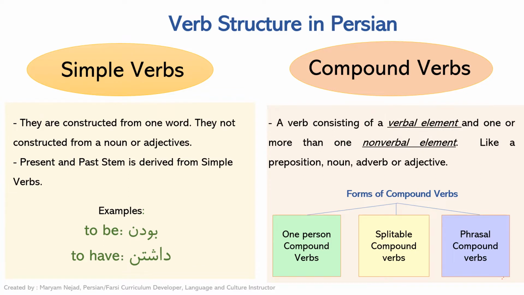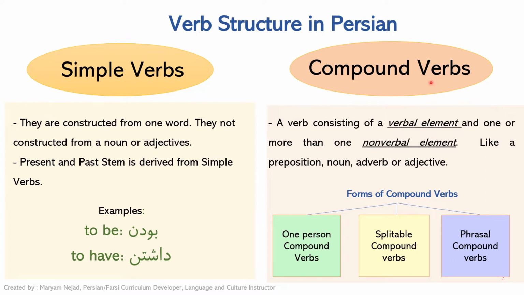So overall verbs are divided into two groups. We have simple verbs and then we have compound verbs. Simple verbs, there are a limited number of simple verbs. Maybe I would say around 10% of the verbs are simple verbs. And the rest of the 90% or 85% are compound verbs.